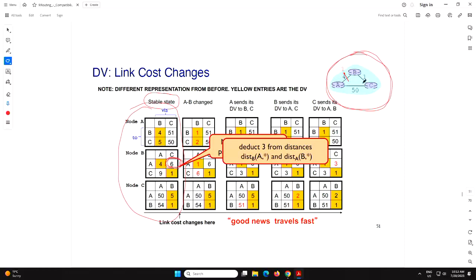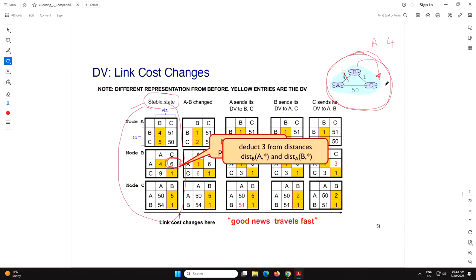So node B exchanges its routing table to C at some particular iteration, and B is telling C that I can go to A at the cost of 4, and this information is given to C. And then C thinks that it can go to A via B at the cost of 5.